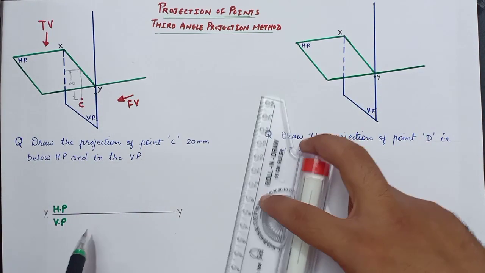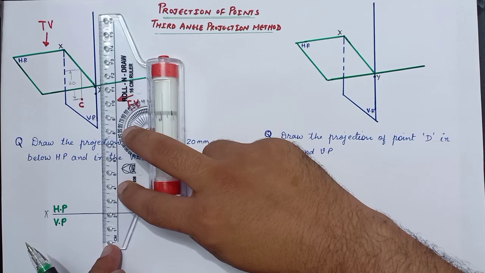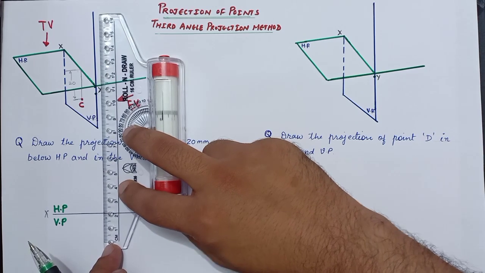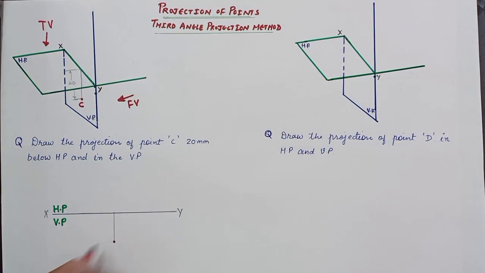So we need to measure 20 mm below HP, that is below XY line. And we get a point C dash, that is front view.